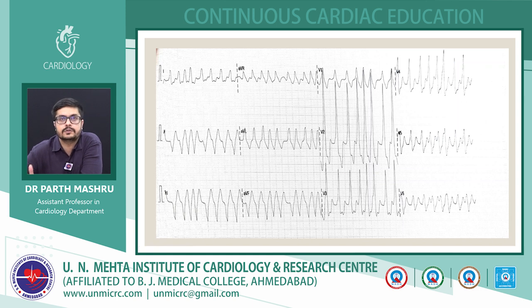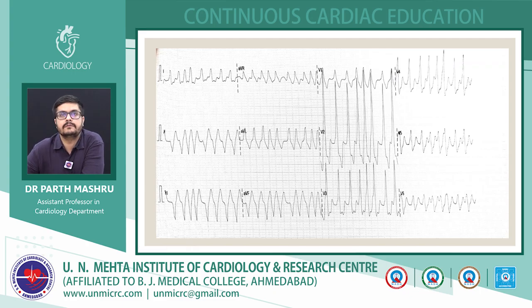Posterior septal, posterior or posterolateral? For that you need to see lead 1 and V1. Here you can see the positivity in lead 1 is more than the positivity in lead V1. This suggests that the pathway is more in the middle, more towards the septal region. So my diagnosis from this ECG would be left posterior septal region.